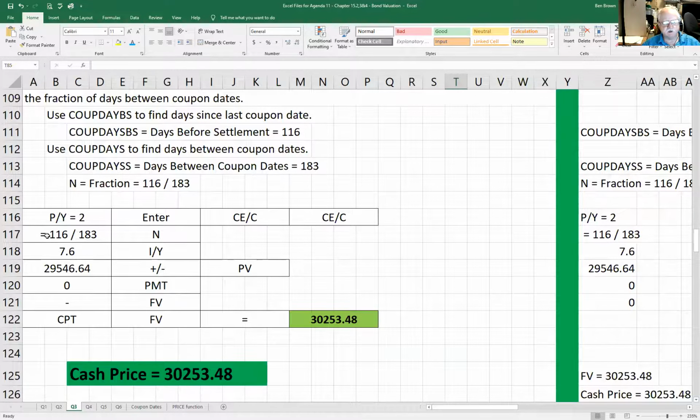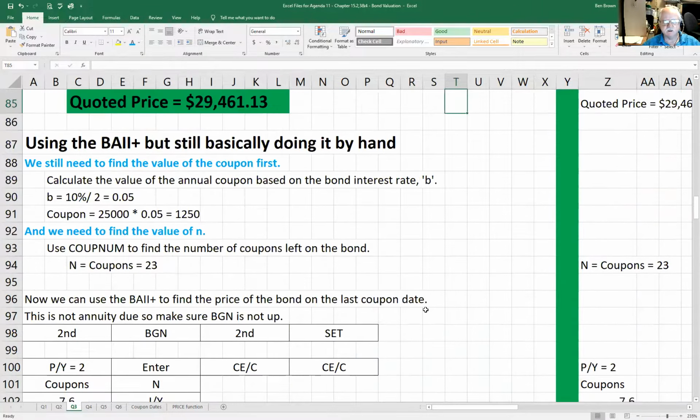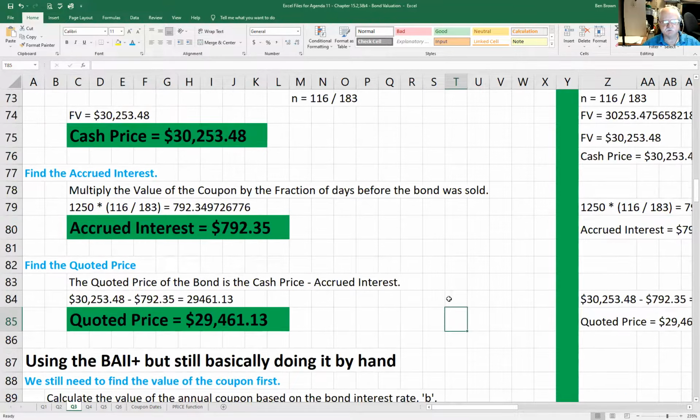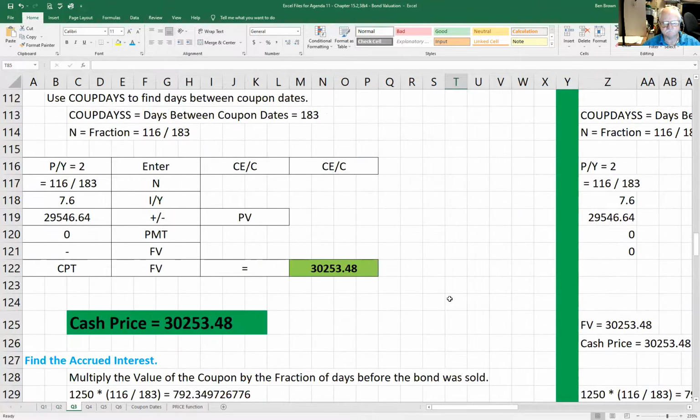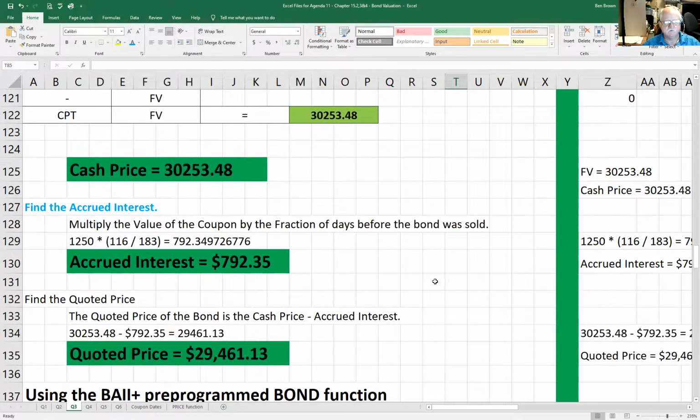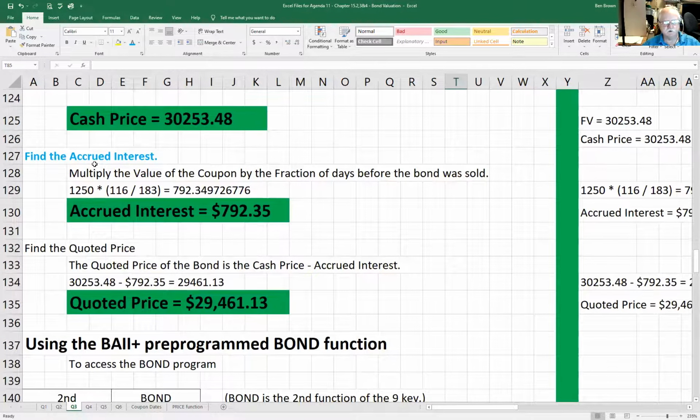We've just typed it right in, equals 116 over 183. And it takes this forward and gets this 30,000, which is again, this cash price that we were looking for. It doesn't give us that quoted price. It gives us the cash price. And we'd still have to do this nonsense with the accrued interest to find the quoted price.